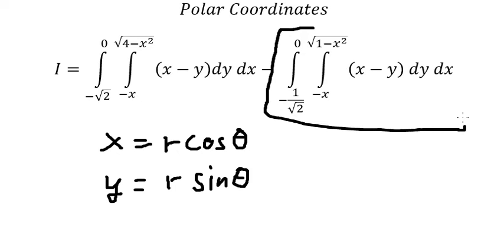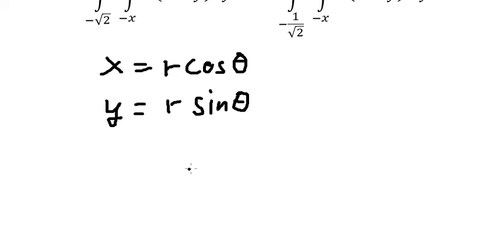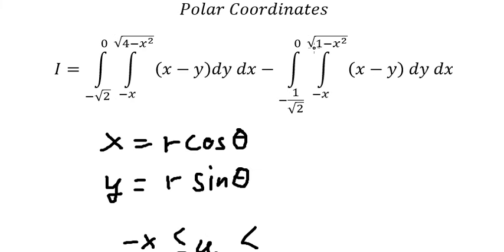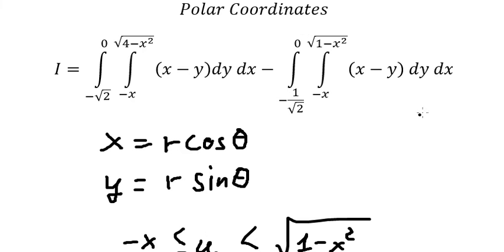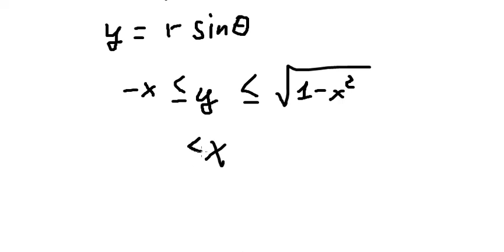For the first one, we can see that y is greater than or equal to negative x and smaller than or equal to the square root of 1 minus x squared. For x, that should be from negative 1 over the square root of 2 to 0.